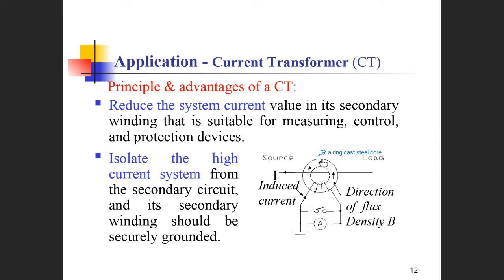Generally we have a ring cast steel core, which has a very big permeability.